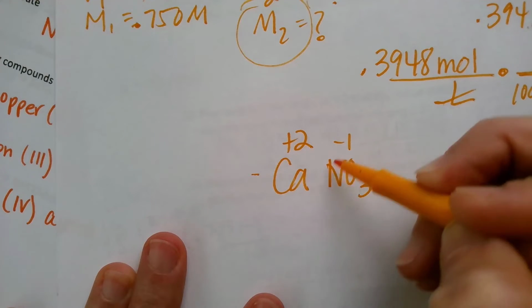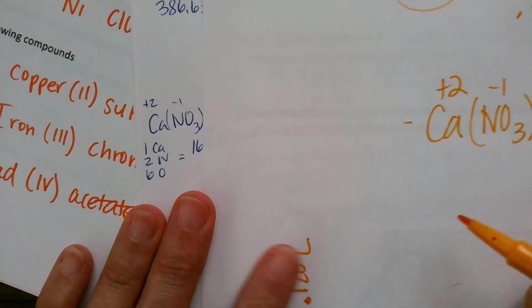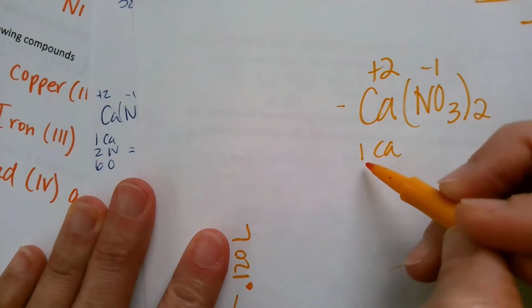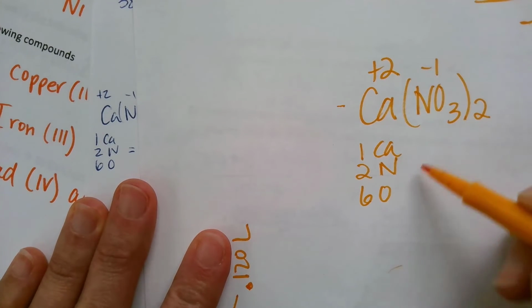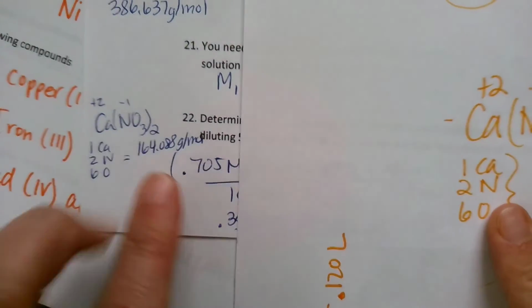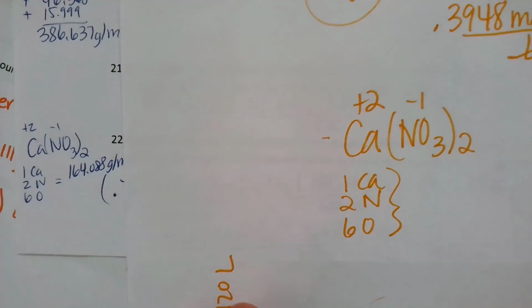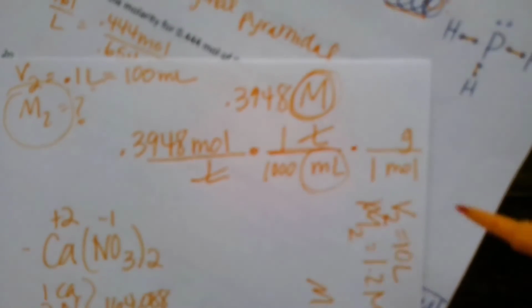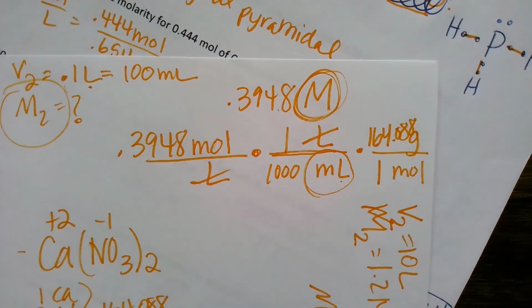So this compound would be 1 calcium and 2 nitrates. So when I find this molar mass, like I did over here, I need to add up 1 calcium, 2 nitrogens, and 6 oxygens. And I found that molar mass to be 164.088 grams per mole. So that would go right here, 164.088 grams.